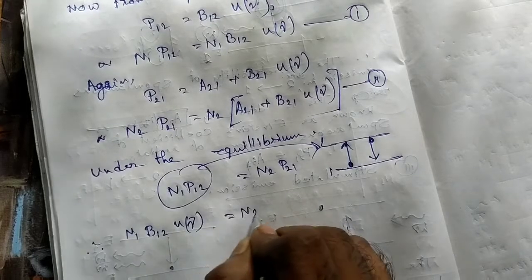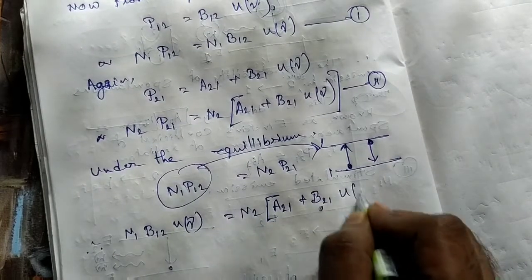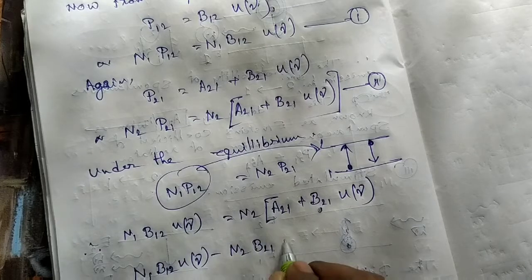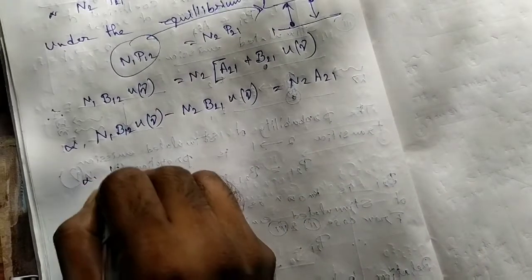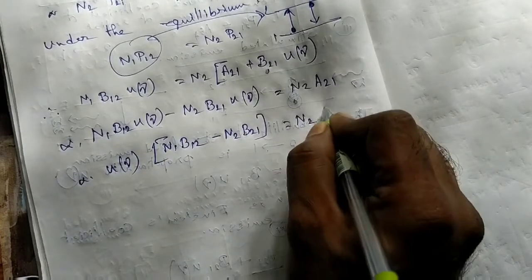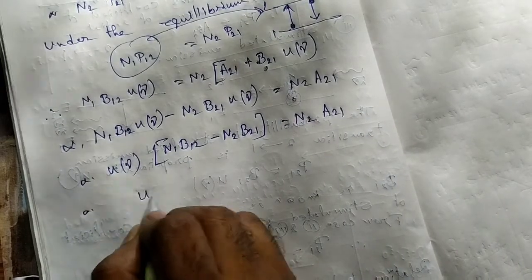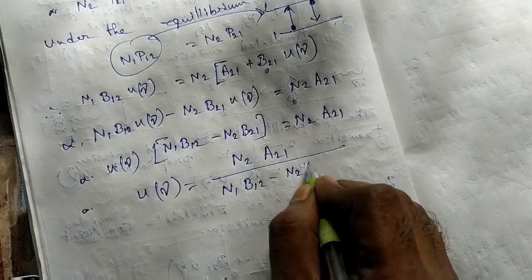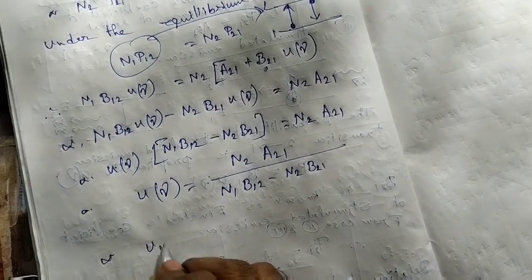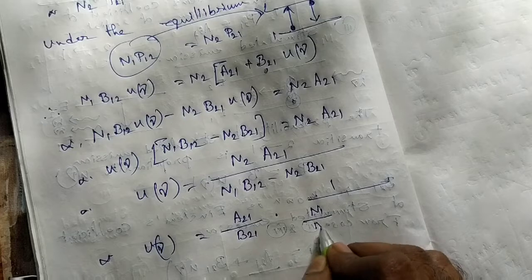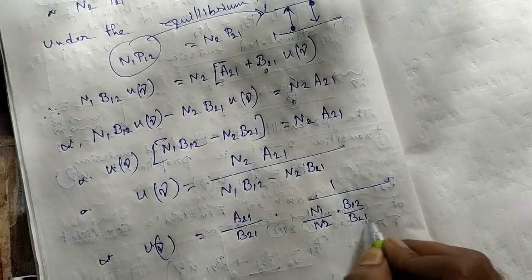So when I put the values, N1 B12 U nu is equal to N2 A21 plus B21 U nu, or N1 B12 U nu minus N2 B21 U nu is equal to N2 A21, or U nu is equal to N2 A21 divided by N1 B12 minus N2 B21, or U nu is equal to A21 by B21 dot 1 by N1 by N2 dot B12 by B21 minus 1.